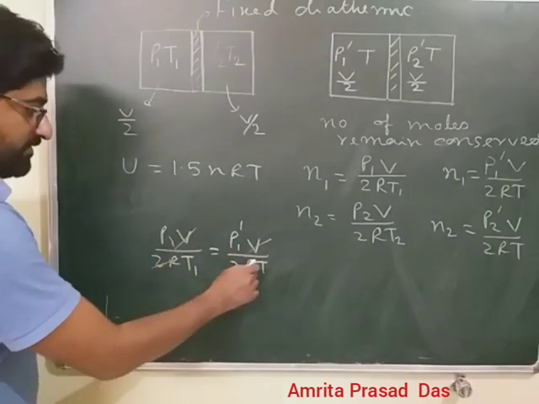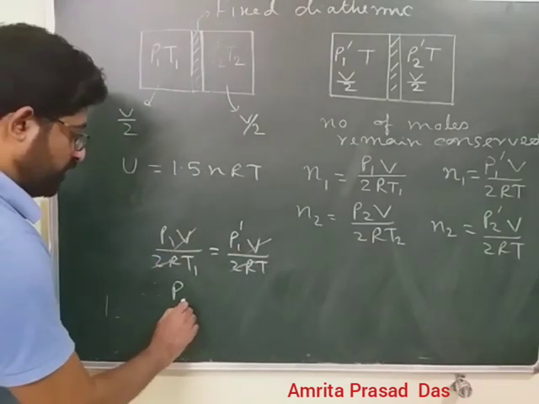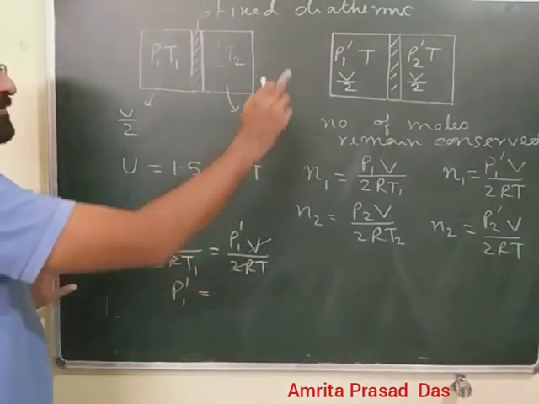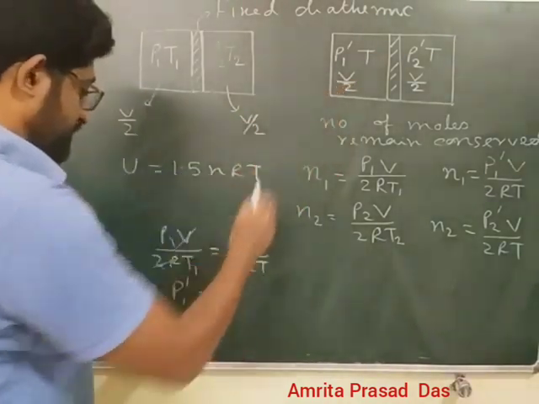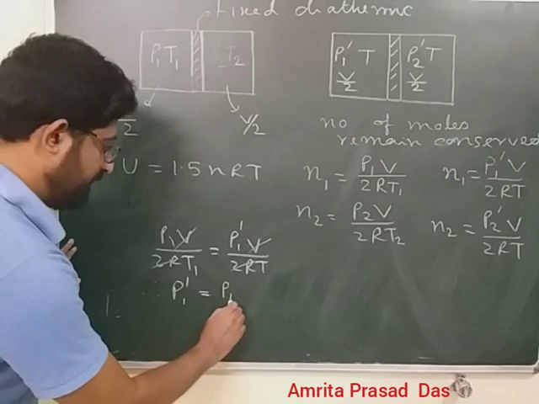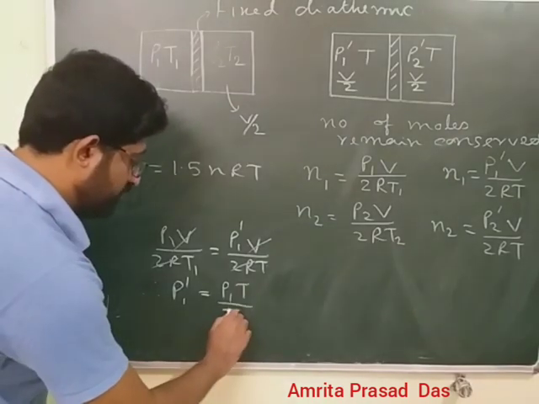V by 2R cancels, therefore P1 dash, that is the final pressure in this chamber, will be P1 T by T1.